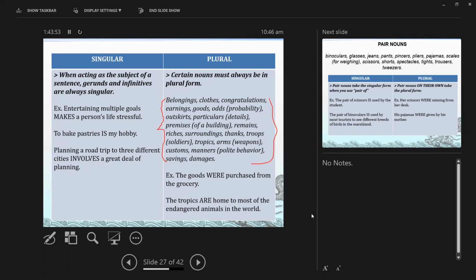Ano ba ito? Ano? Installing IELTS actual examination. Kulang ng S. Examination. IELTS actual examinations are challenging.